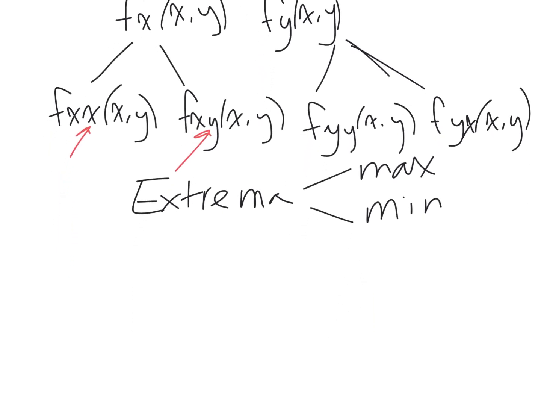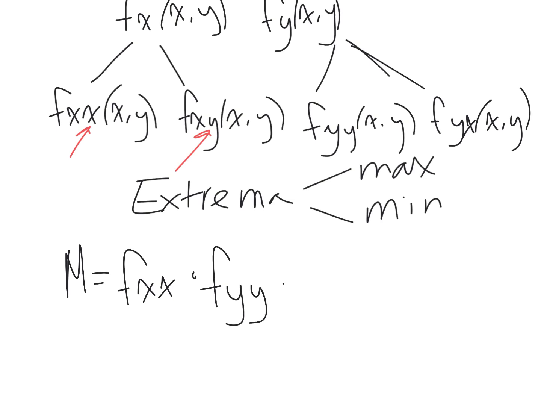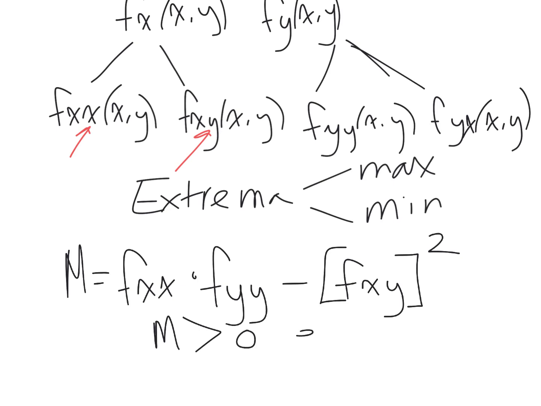So we have this m factor, which is found by multiplying fxx by fyy and subtracting fxy squared. And we found that if m was greater than 0, we had an extrema of some type. Do you remember that? It just said, oh, we have an extrema.